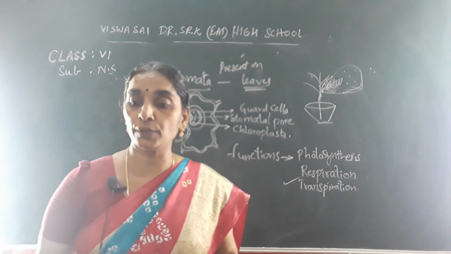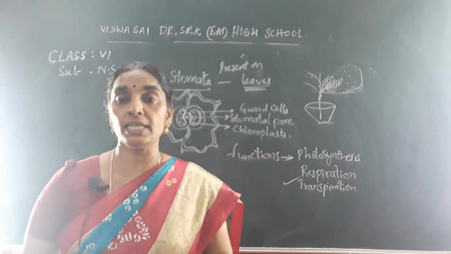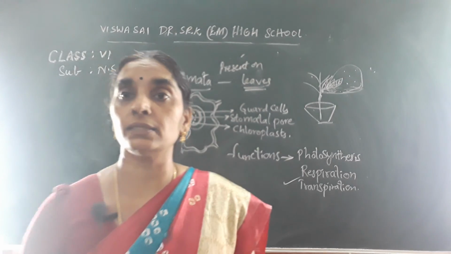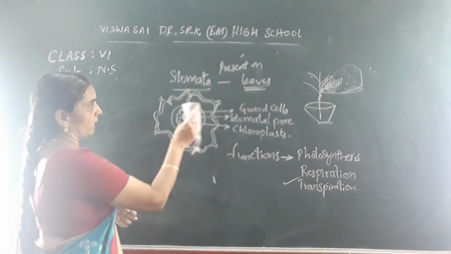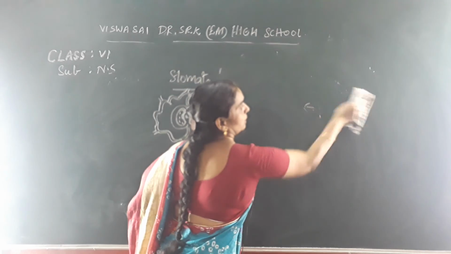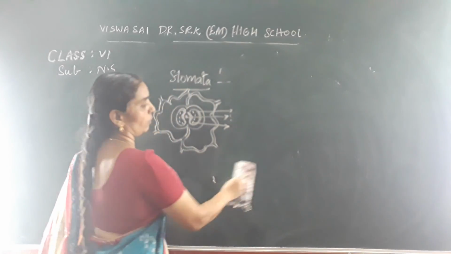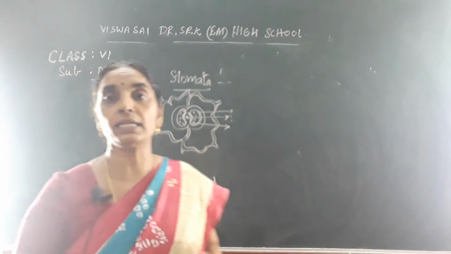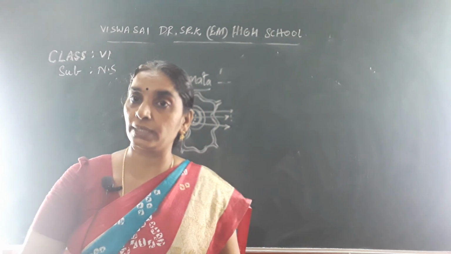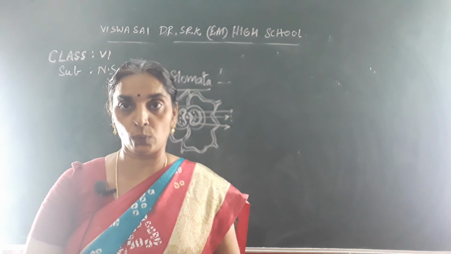So how do you observe the leaf or the stomata under the microscope? You can take a small aloe vera leaf or any other leaf, take a fleshy part of the aloe vera leaf and cut it with a blade and put it over the slide, cover it with the cover slip by putting glycerin over it.